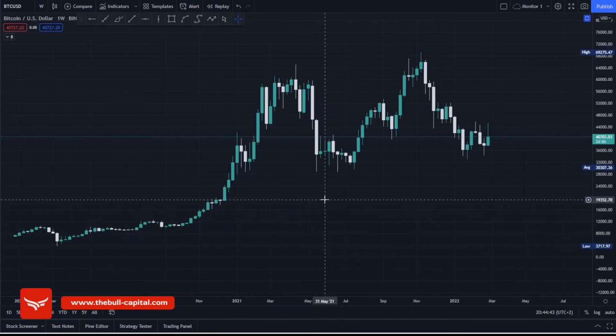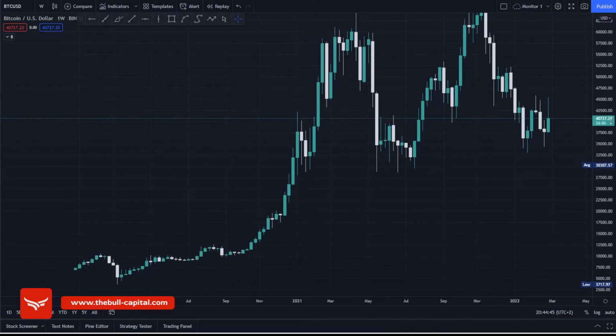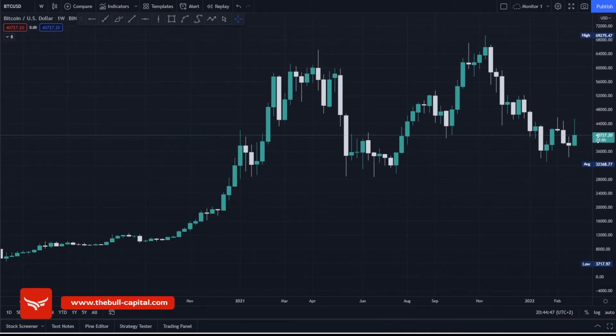So how do we actually mark support and resistance? We are gonna look for swing highs and swing lows. Let's first mark the swings. I'm just gonna start from here.